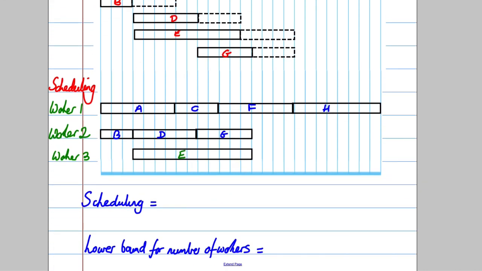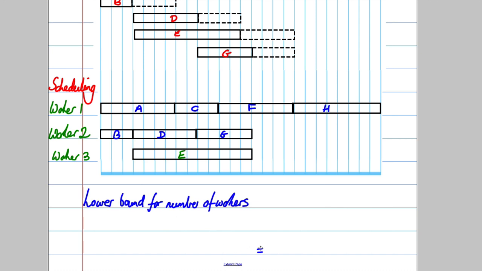Now, one little formula for you to remember. This is a useful formula. Let's rub this out right now. If you want to work out the lower bound for the number of workers, now what does the lower bound mean?